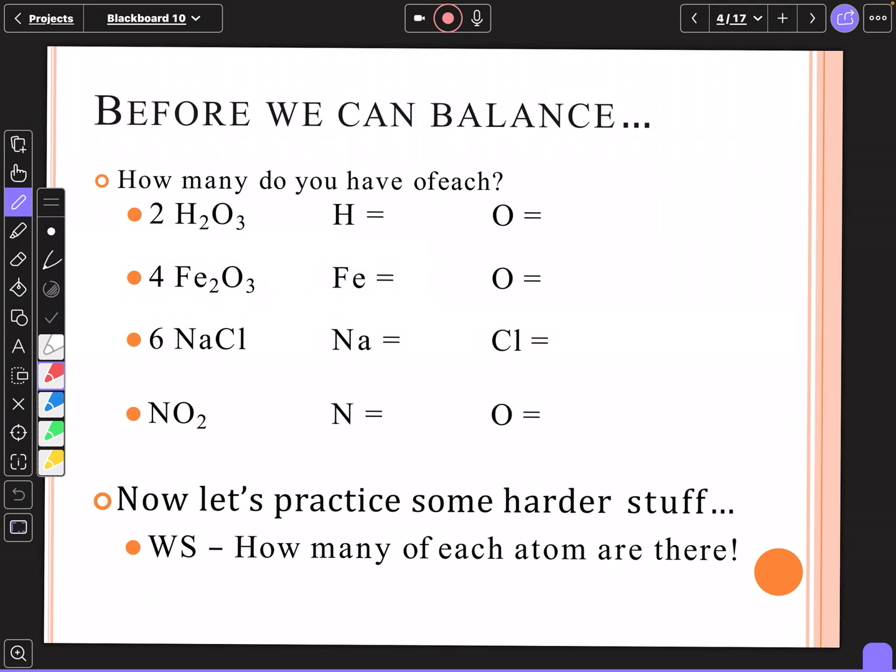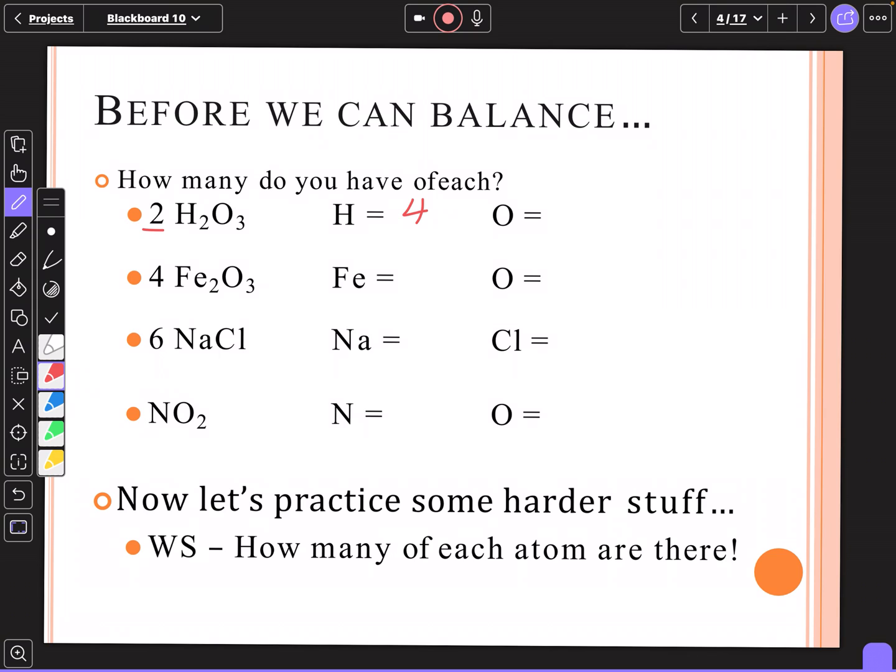So before we can balance, we've got to know how many of each atom we have. If there's a number in front, like this 2, it's going to multiply by the number of atoms. So in this case, hydrogen, in 1 molecule I'd only have 2 hydrogens, but in 2 molecules, that would be 2 times 2, I'd have 4 hydrogens.